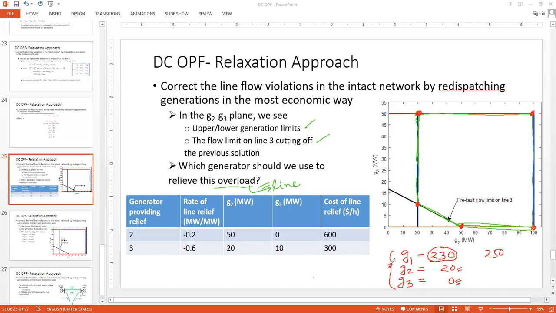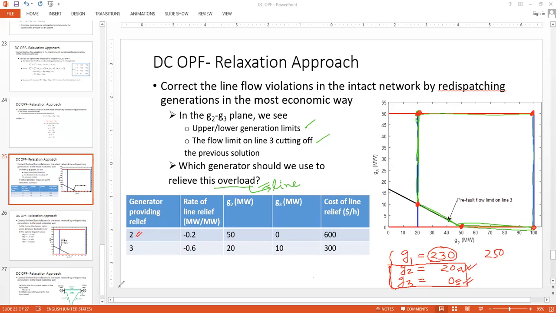So the only two players for redispatching would be G2 and G3 because of the given values. So I have two choices only. I can go for G2 or I can go for G3. If I am going for G2, generator providing relief is G2.